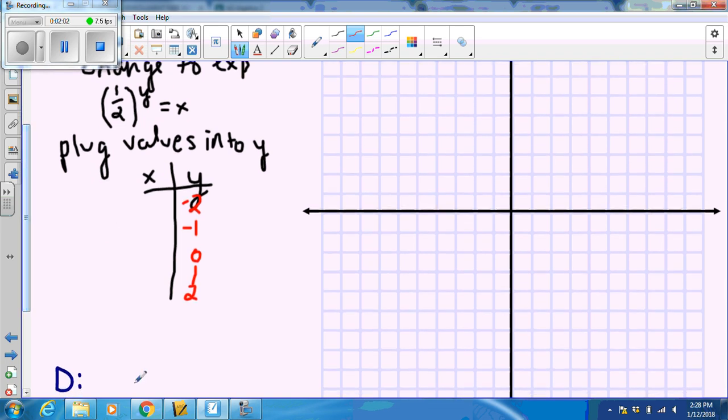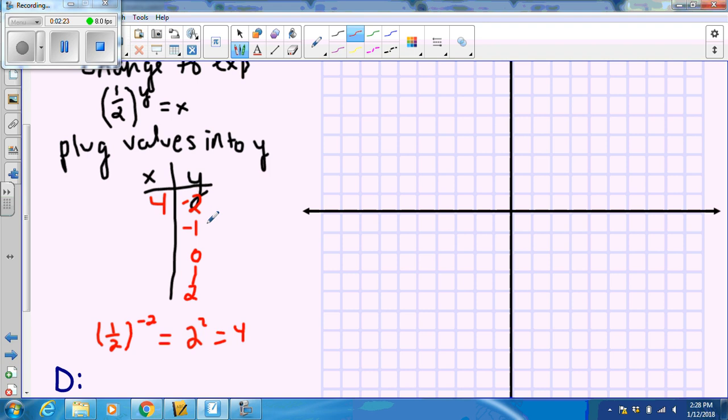So for example, -2, I have 1/2 to the -2nd power. Now remember, negative means we're going to switch this from a fraction to a whole number, so 2, and then we square it, which should give me 4. So now my x is going to be 4.